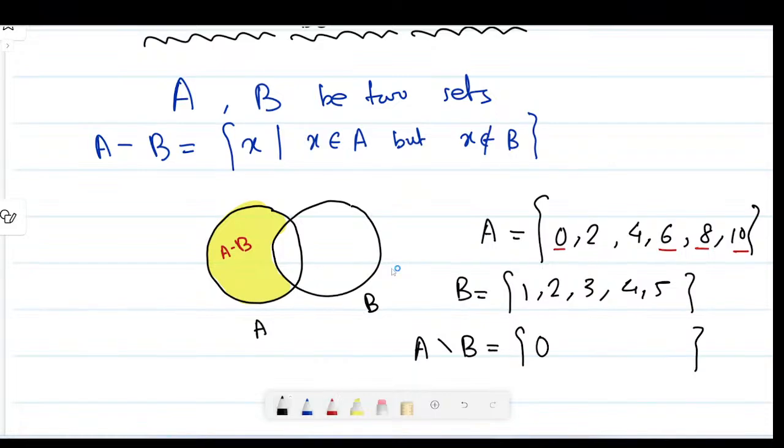So that means 0, 6, 8, 10. So this is my A minus B.